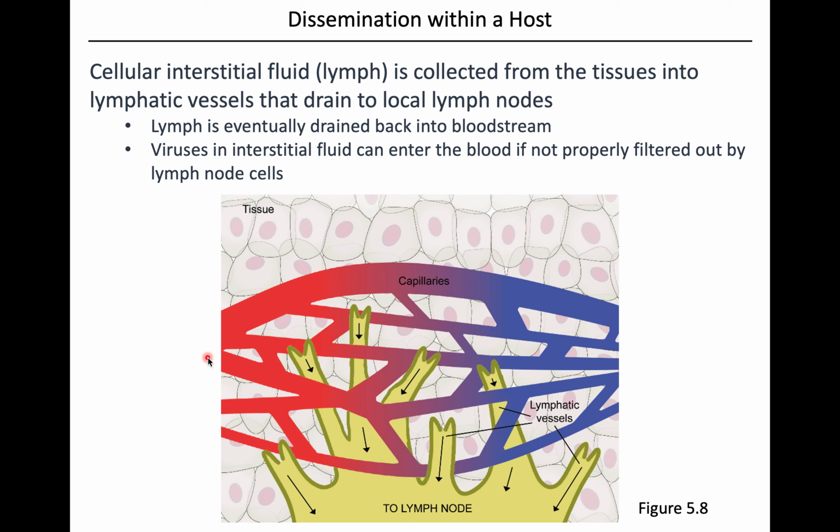The job of the lymphatic vessels is basically to collect fluid and blood cells that may have leaked out of capillaries and return that back into the bloodstream. And in the lymph nodes, you have a lot of immune cells filtering and looking for foreign particles. So virus could end up in the lymphatic system, either through the bloodstream initially or could become introduced into the bloodstream from the lymphatic system. But those two are definitely closely connected.